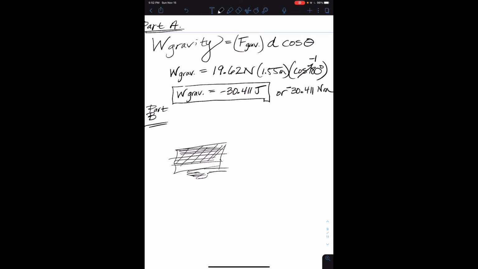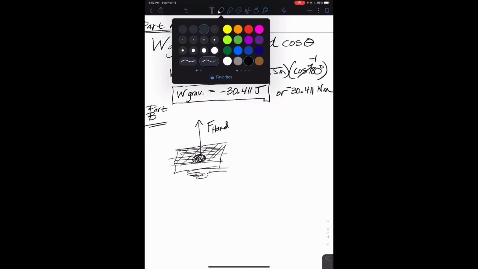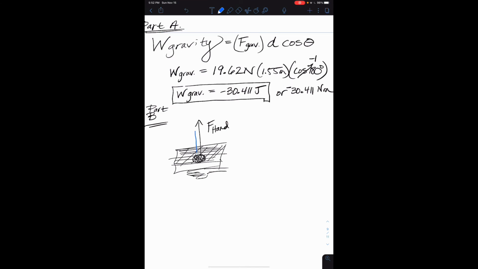That's kind of a terrible hand, but you get the idea. And since they're lifting it up, the force from that hand, here's the dot, the force from that hand is going to point up. But we also know that the distance, which we drew in blue last time at 1.55 meters, is also pointed up.